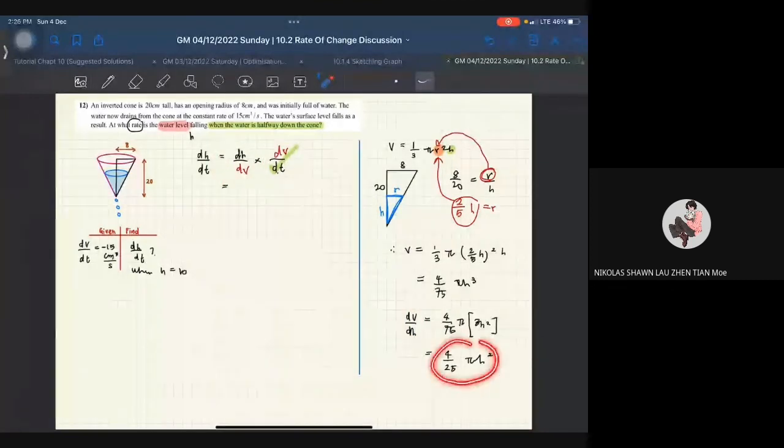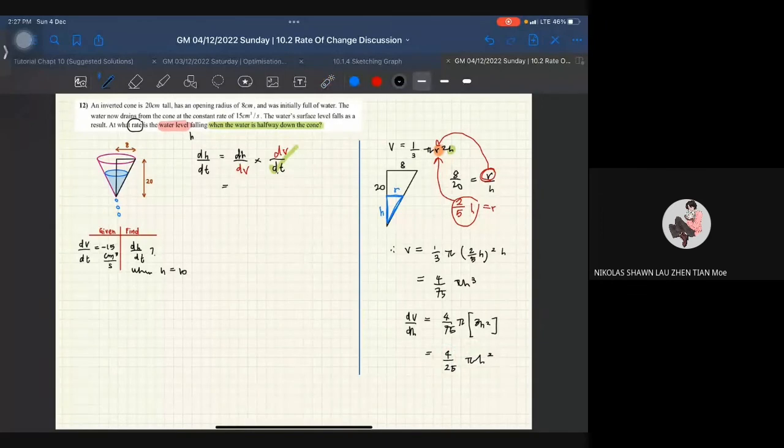So yang ini kita terbalikkan. Right, so saya akan dapat dekat sini 25 over 4 and then this one akan jadi 1 over pi h square. Okay, so I will have it as 25 divided by 4 pi h square. Okay, and then darabkan sahaja dengan dV/dt yang dah ada awal-awal tadi, which is negative 15.